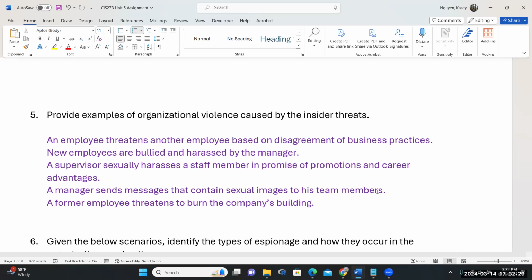I'm pretty sure many of us who work in different areas have to go through sexual harassment training, right? Career advantages, usually promotion promises, things like that. And that could be from higher up, or it could be low or even mid-level management or colleagues and things like that.